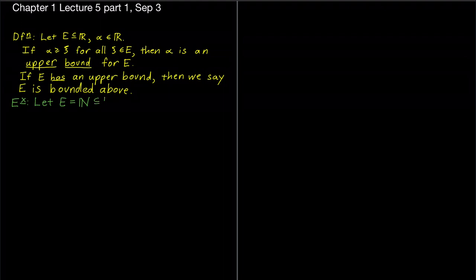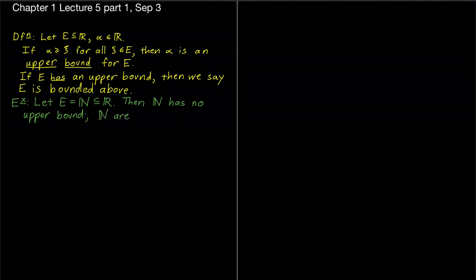So you can think of the natural numbers as living inside R. Then this is a set that has no upper bound. So the natural numbers are not bounded above.